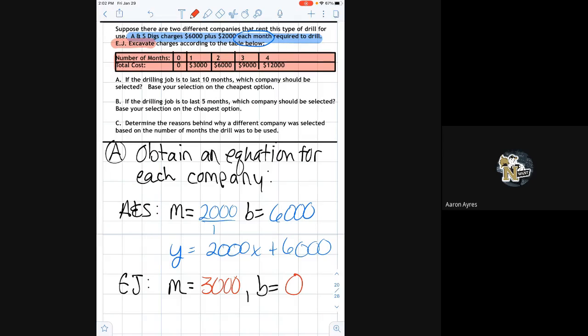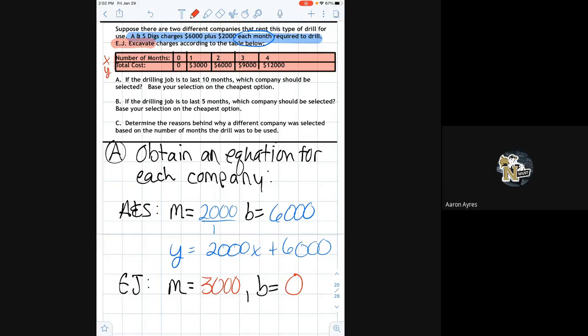So remember how you get slope, rate of change. Remember this is your x row, this is your y row of your table, and the reason why is because the total cost depends on the number of months we're drilling. Y is always the dependent variable for our situations in this class.